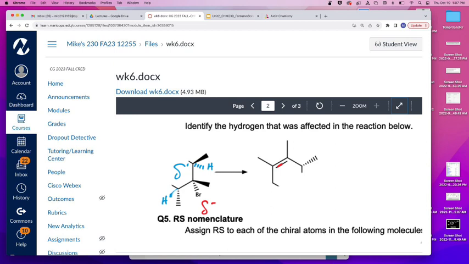If I'm now being asked for a mechanism, what's the point of the mechanism? Show how the electrons flow to make that pi bond. So we can go back to our starting structure, because we've identified all these pieces, and now start to say, how did that happen? Well, what bond do I know had to break? The bromine. Didn't I know the hydrogen had to break too? Why do I look at the bromine, not the hydrogen?